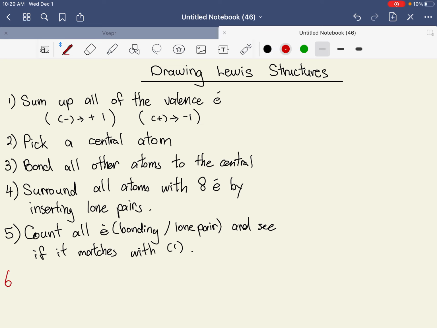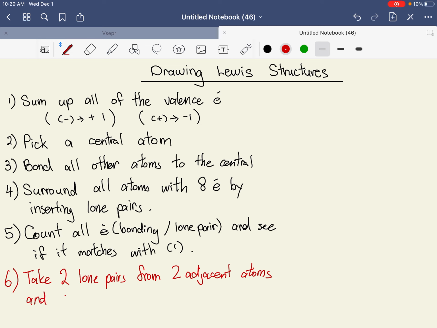If you don't, you're going to have to do step 6. What do you do in step 6? Take 2 lone pairs from 2 adjacent atoms. Adjacent means side by side.